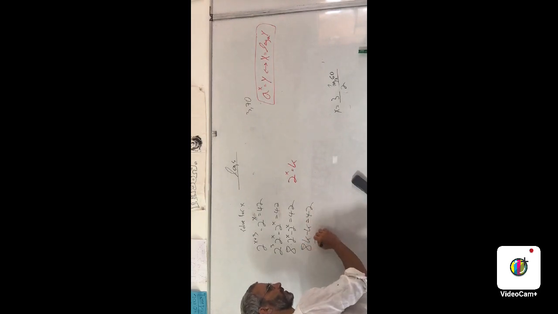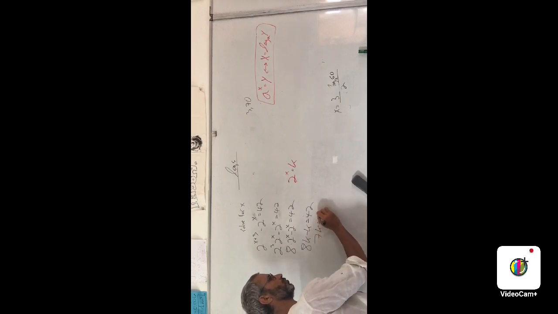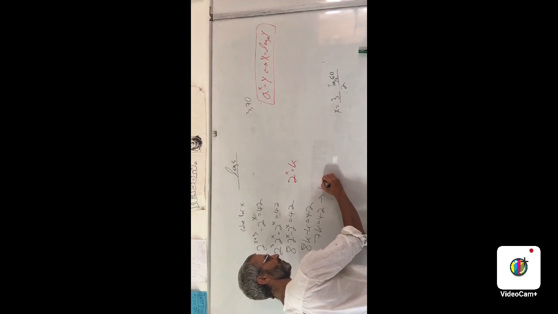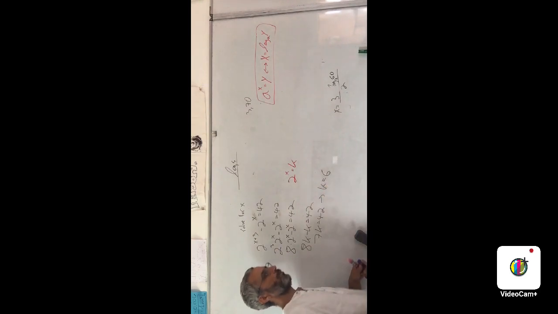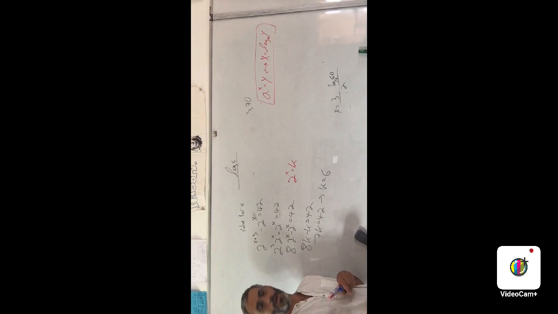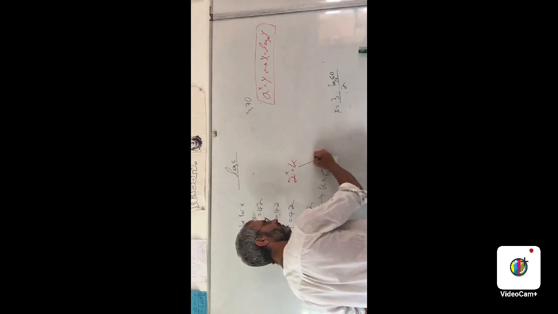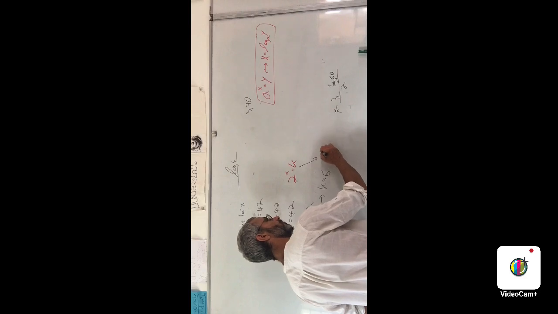Well, that's easy. That's 7k equals 42, which means that k equals, anyone do it in their head? 6. But did I finish now? No. I don't want to know what k is, I want to know x. So I'm going to write 2 to the power of x equals 6.